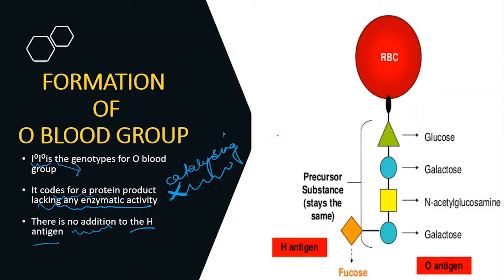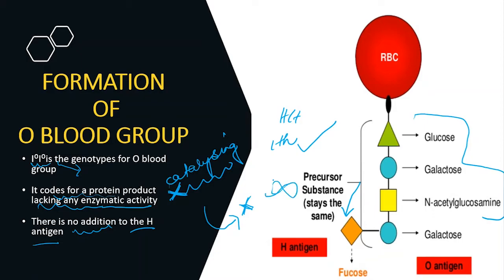So we can see in the diagram on the right that the precursor molecule is having L-fucose added to it, which is because of the presence of the H gene, and because of the non-functional protein molecule produced as a result of frameshift mutation in the O gene, there is no addition of any substance to this precursor and H antigen, and ultimately it is indicating that O blood group is nothing but H antigen without any modification.